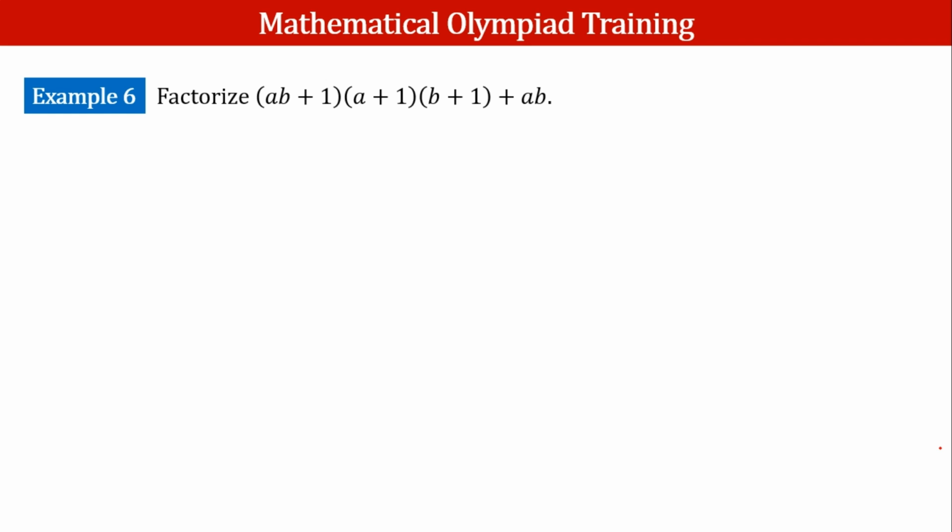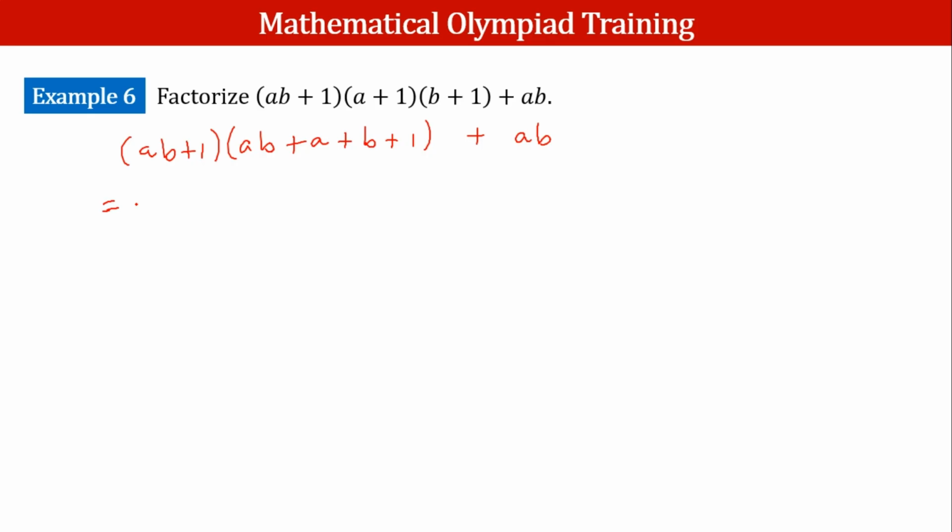So what I'm going to do first is expand the last two factors. So I'll have ab plus 1 times ab plus a plus b plus 1 plus ab. Alright.